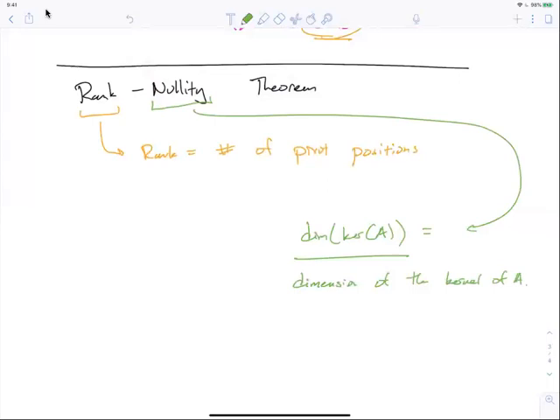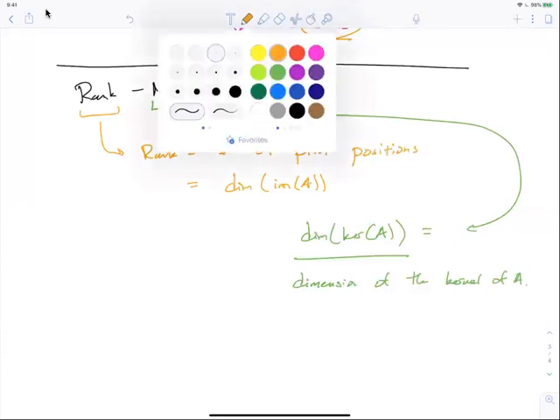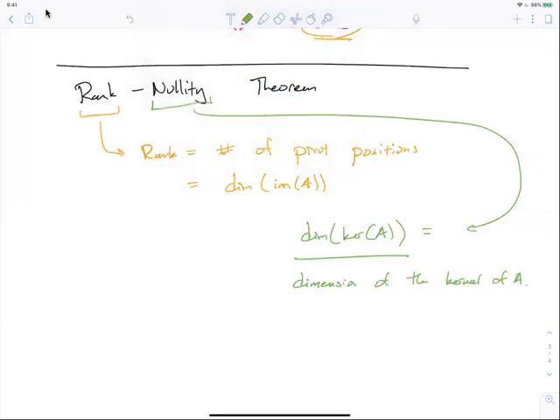And keep in mind that, I'm going to draw a picture in a second, but the rank and the number of pivot positions, each pivot position gives you one vector in the image of the basis. So this is actually equal to the dimension of the image of A. And it turns out, and I'll draw a picture just to illustrate this in a second, this is going to be equal to the number of non-pivot positions.